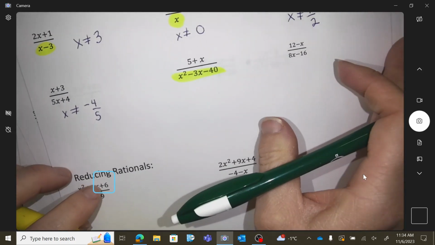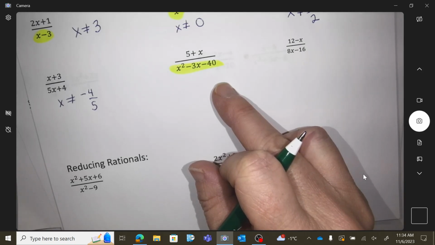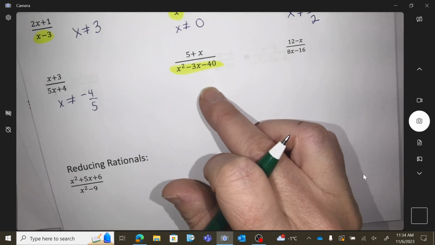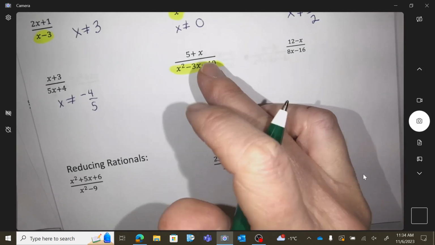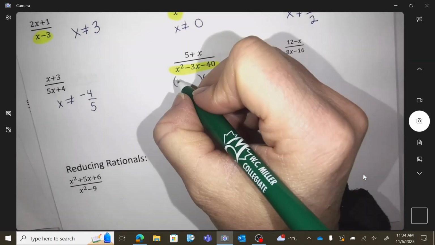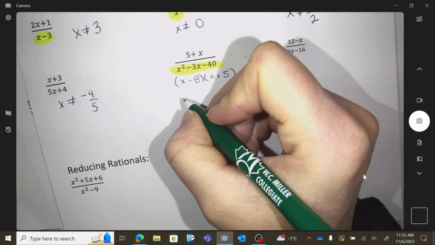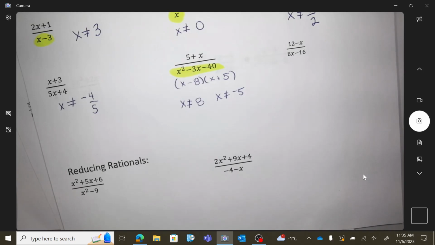Okay, this next one, I can't see what the values are. Does anybody have an idea what we should do to this to get there? I'm going to do math work before I answer it. What do we see? Simple trinomial. I'm going to factor. So what multiplies to 40? 8 times 5. Okay?